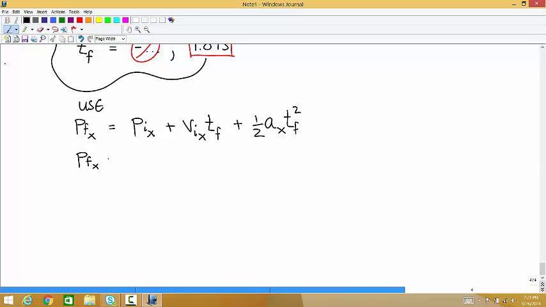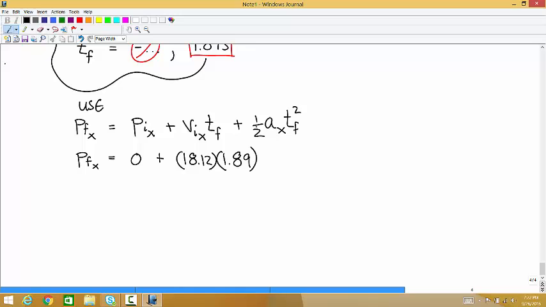So it says PFX is equal to 0. I'm just plugging in the values that we have in that known column, plus 18.12 times 1.89.